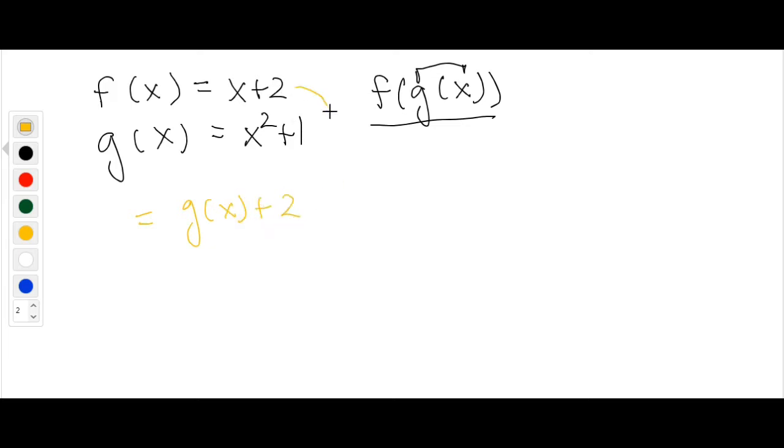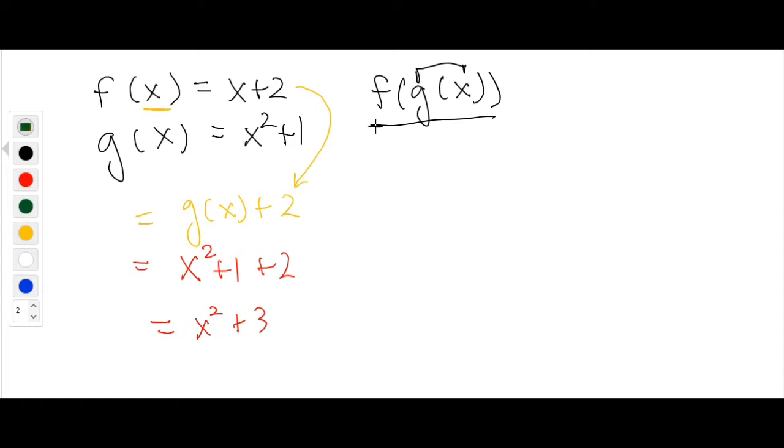Where did I get this from? This equation. The x is being changed out for g of x. So you want to put g of x in place of that x plus 2. And last but not least, I would then take out the terms from g of x. Then finally solve the equation correctly.